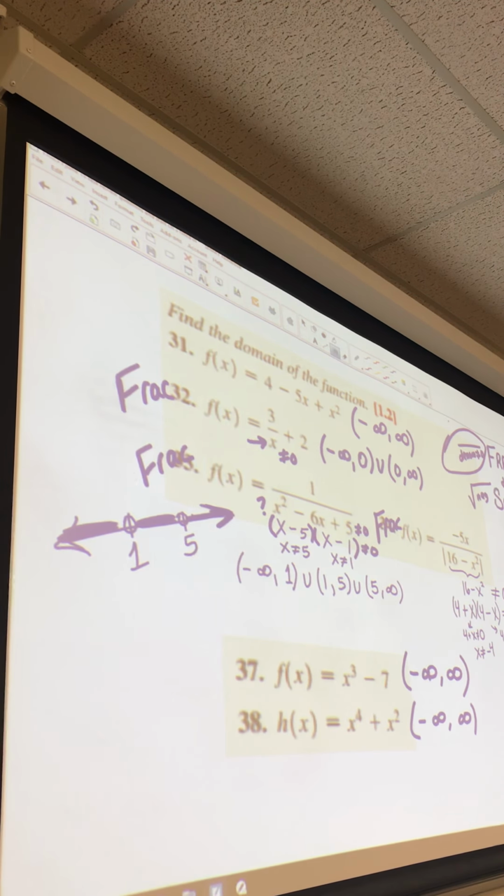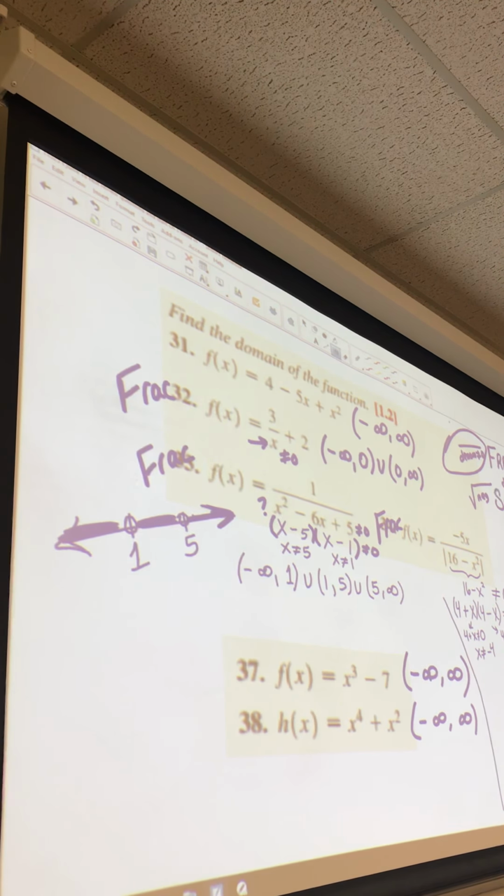okay, and so my interval notation. -4, plus the parentheses. I gotta finish it out.